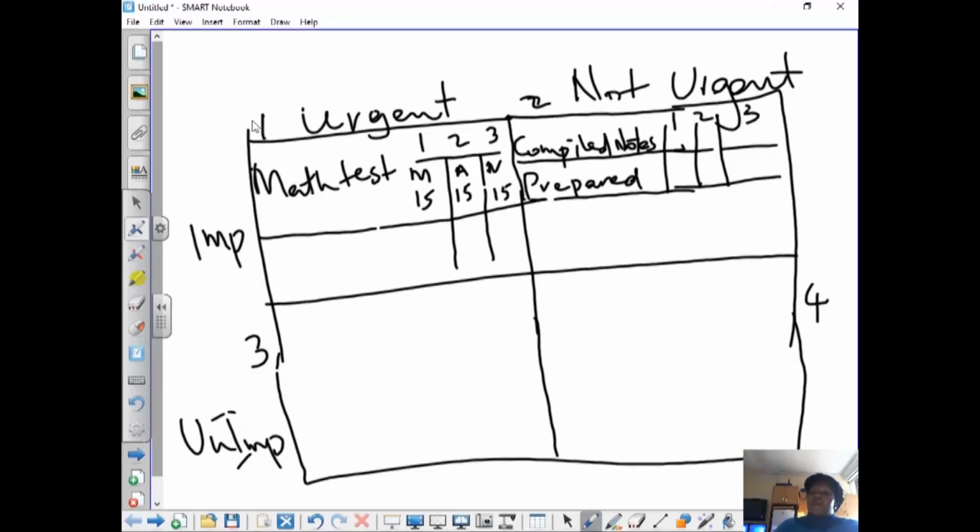So perhaps by March 8, April 8, and May 8, you should have compiled notes. And then by the 10th of April, and the 10th of May as well, you should be prepared for a test that you'll be writing on the 15th.